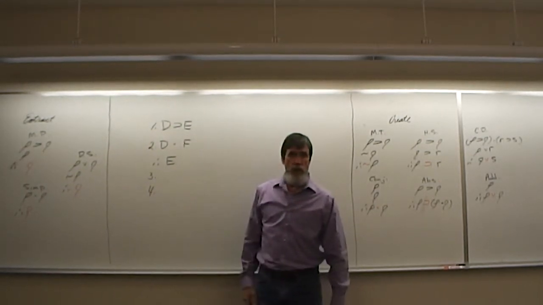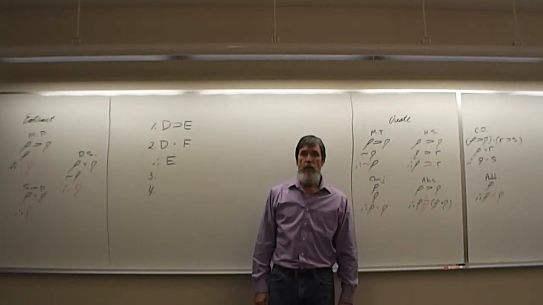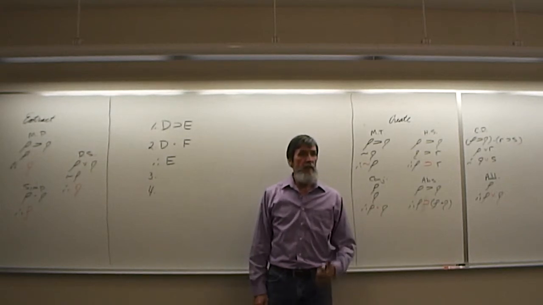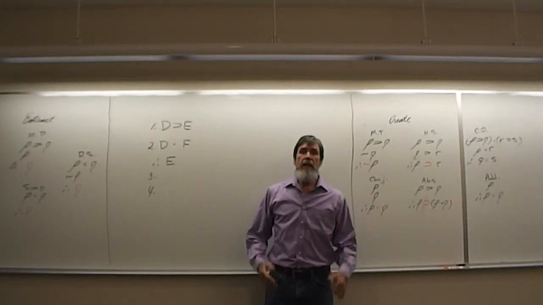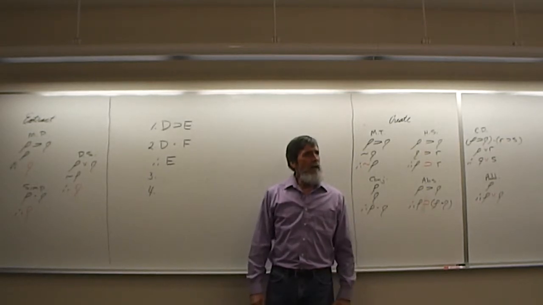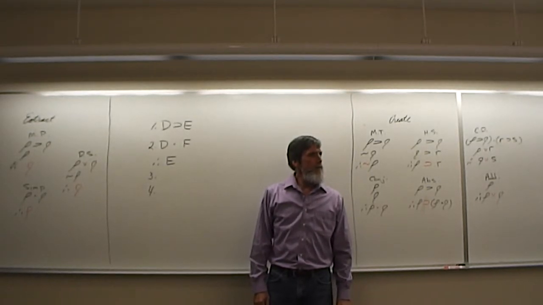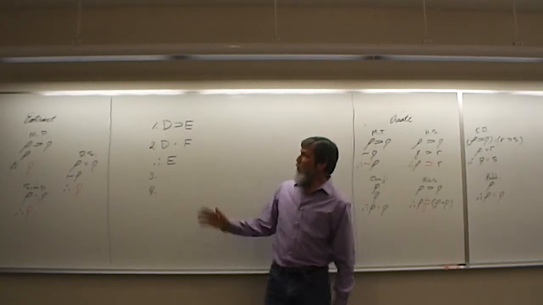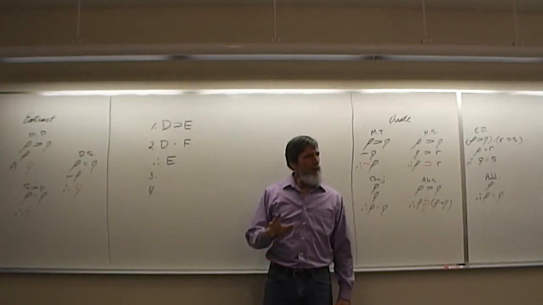So either of those could be the second premise of modus ponens. Either of those could be either premise of conjunction. Either of those could be the premise of addition. See, that's so basic, I'm not going to repeat it too much more, but you should be aware of that, because sometimes that's how you're going to use them. Okay, what we just did is we looked over, we saw what we had to work with.